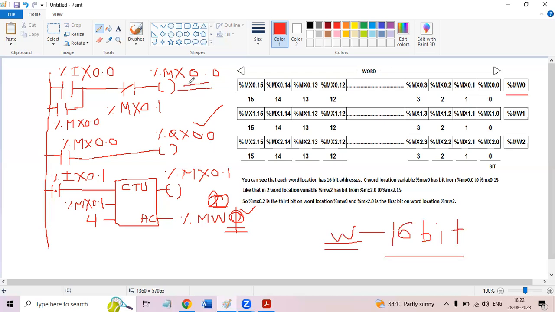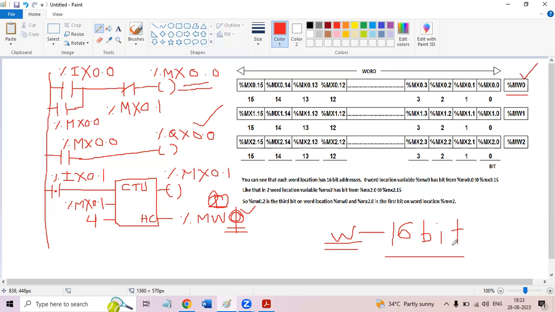When you combine 16 flags together, it will make a flag word, that is MW0. So you can say percentage MW0 is equal to percentage MX 0.0 to 0.15.